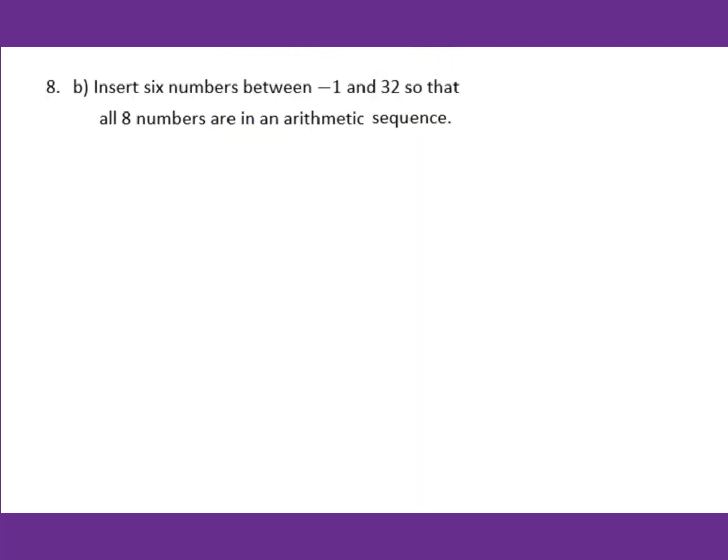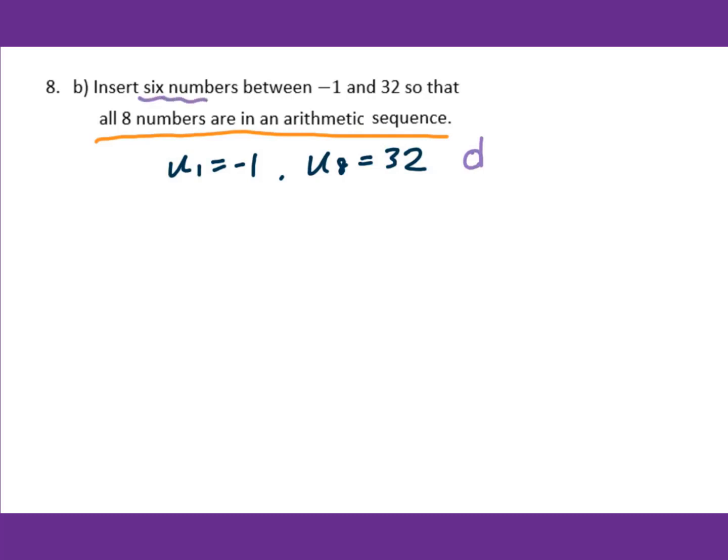For number 8, insert 6 numbers between -1 and 32 so that all 8 numbers are in arithmetic sequence, which means u sub 1 equals -1 and u sub 8 equals 32. We need to figure out that d so that we can get all these 6 numbers.